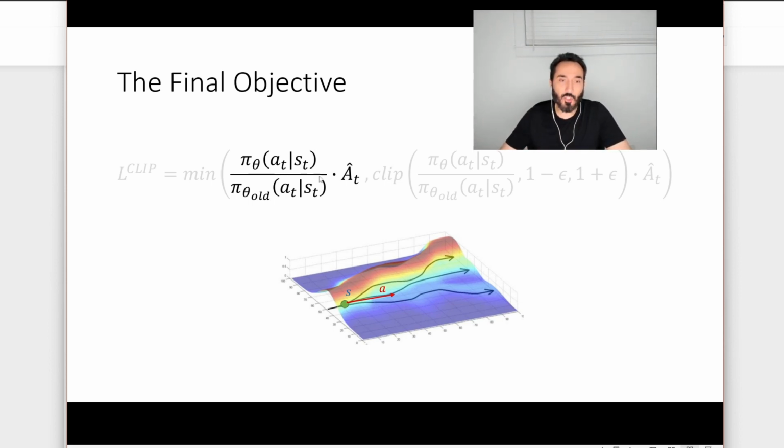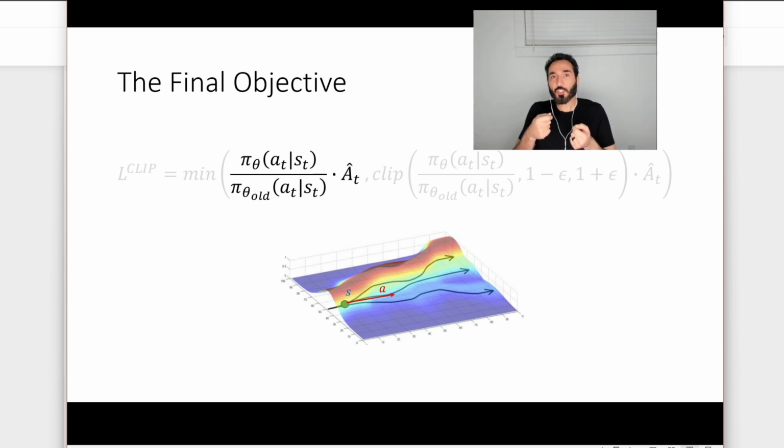Now, let's assume that we were playing the game with the old policy and we collected the probability of the actions and also the advantages. And let's say that we have currently one action A that we know the advantage for that action is positive. So how do we change the policy in order to get to a better policy?